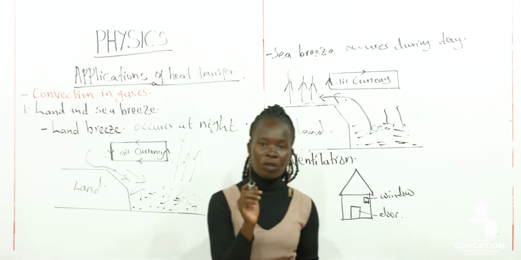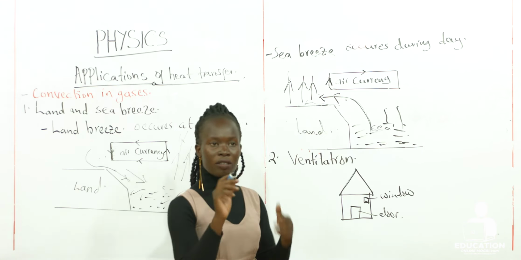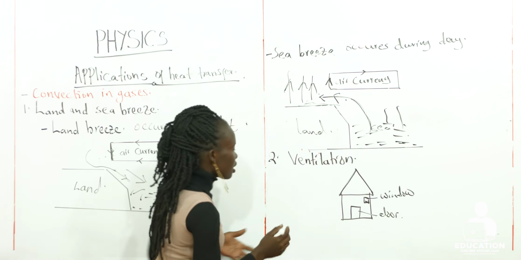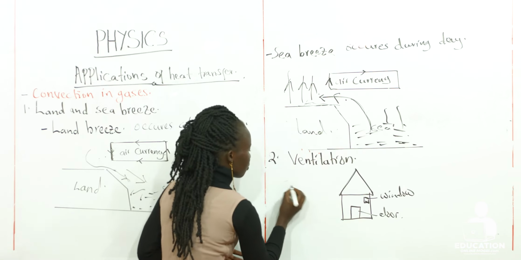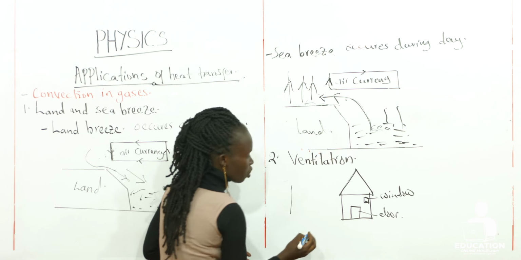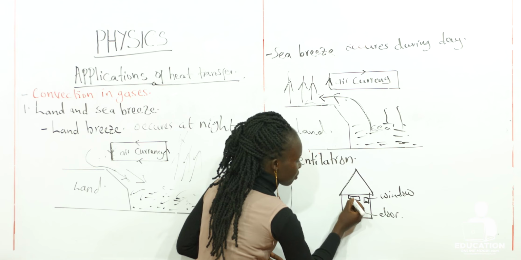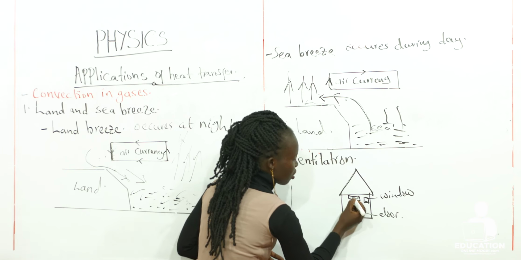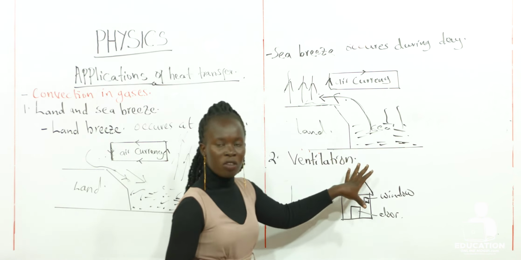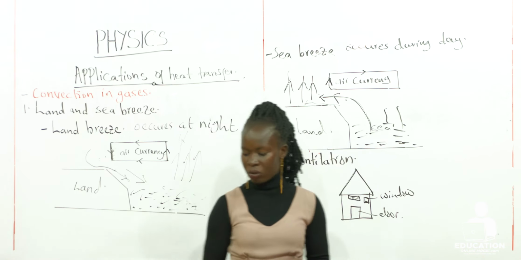If not only the window, when it is a concrete building, you see that even though we have our door, there are some holes that are created right up here. Why do we put so many of these openings on the house?